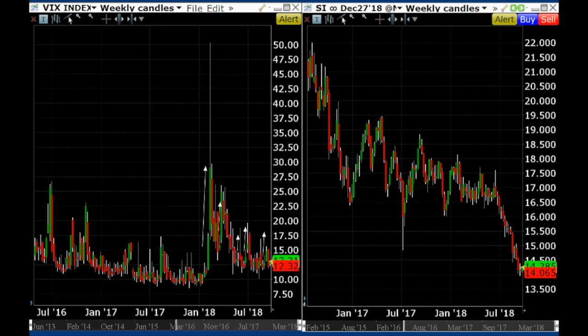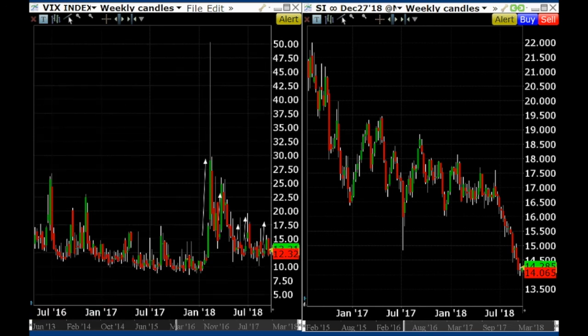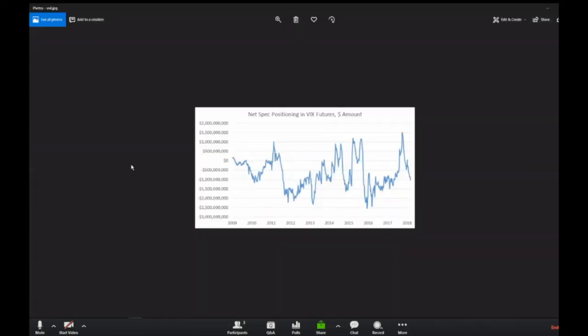I brought up a chart of the VIX next to silver, coincidentally. The VIX had that big spike in January, and I've seen some mixed reporting this week about what the VIX positioning really was back then and what it really is now. All right, let me share my screen again. You see it?